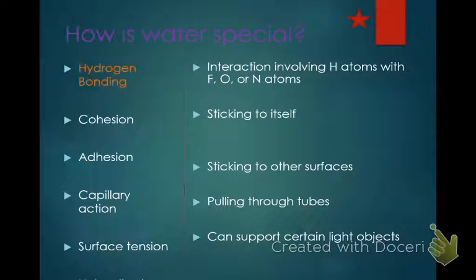So how is water special? Okay, the number one thing that makes water special is hydrogen bonding. This is essentially why it's liquid on Earth, okay? It's interaction between the hydrogen atoms with other atoms, in this case, the oxygen atoms in the water. It has a couple of unique properties like cohesion, which is sticking to itself, and adhesion, which is sticking to other surfaces. Cohesion is what is responsible for water droplets on your car or anything like that.